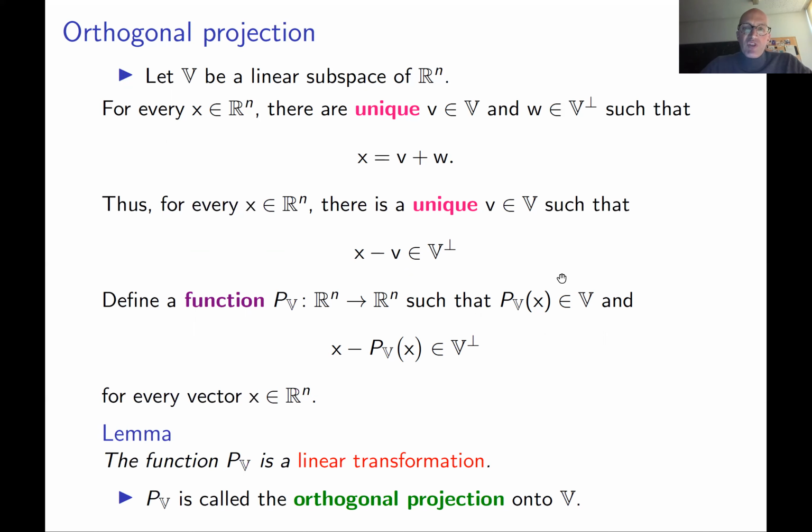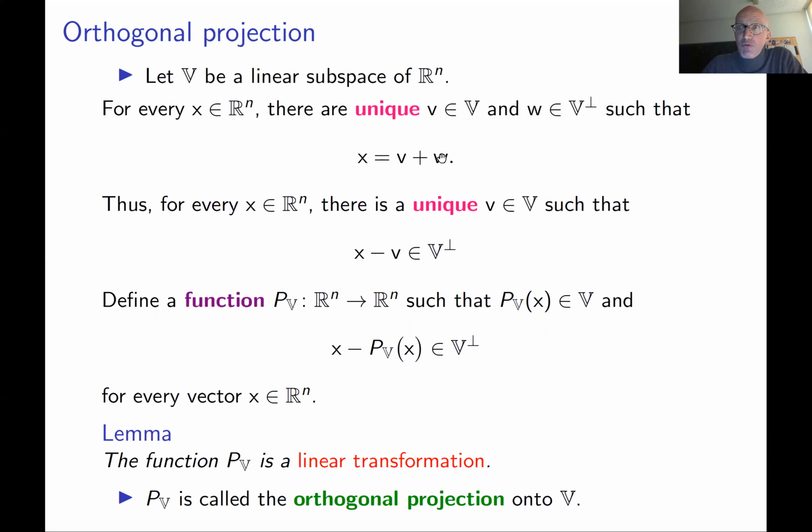Okay, so for example, let me just explain how to prove the first property. You take the zero vector, and you have to prove that the zero vector maps to the zero vector. Look, if x is 0, you want to uniquely decompose it as v plus w, where v is in V and w is in the orthogonal complement to V. But we can put v to be 0 and w to be 0.